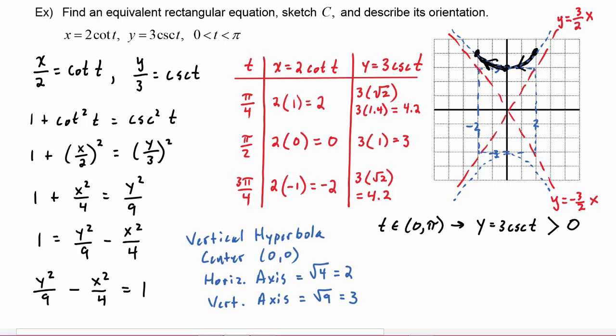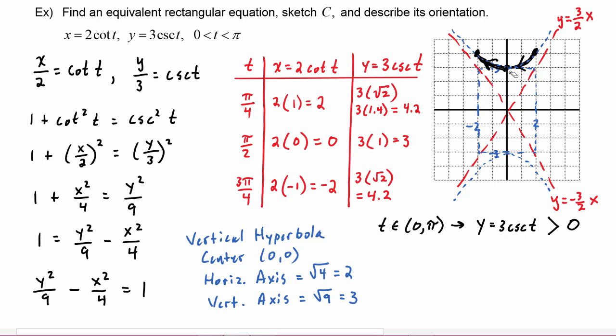It's impossible for the cosecant to ever give a negative value when we are in quadrants 1 and 2 on the unit circle. We know that our y values are going to always be positive. Now we only plugged in these 3 values, but remember, pi over 4 is not the starting point. This thing starts infinitely close to 0.